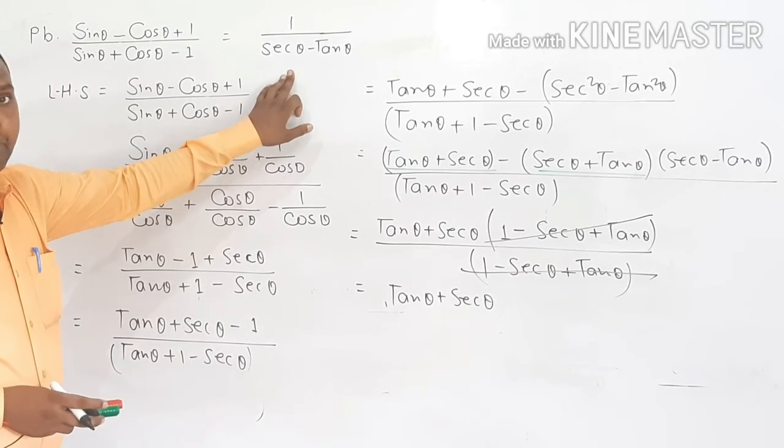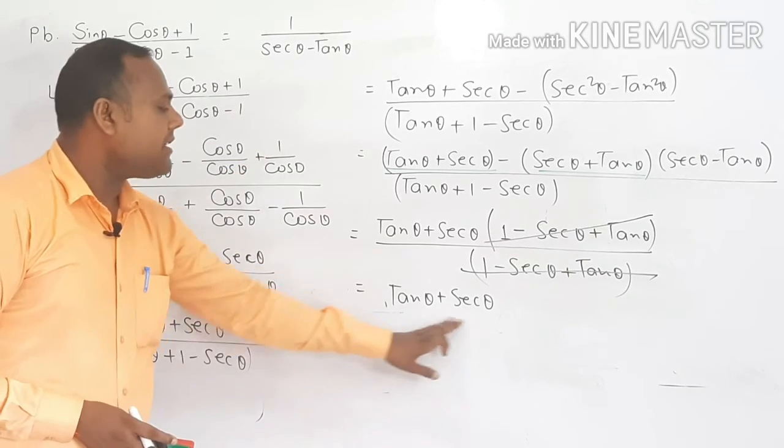So after solving the LHS we get tan θ plus sec θ.